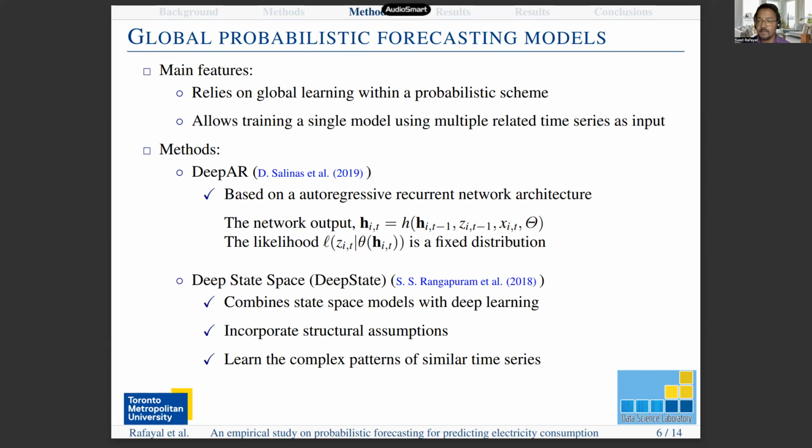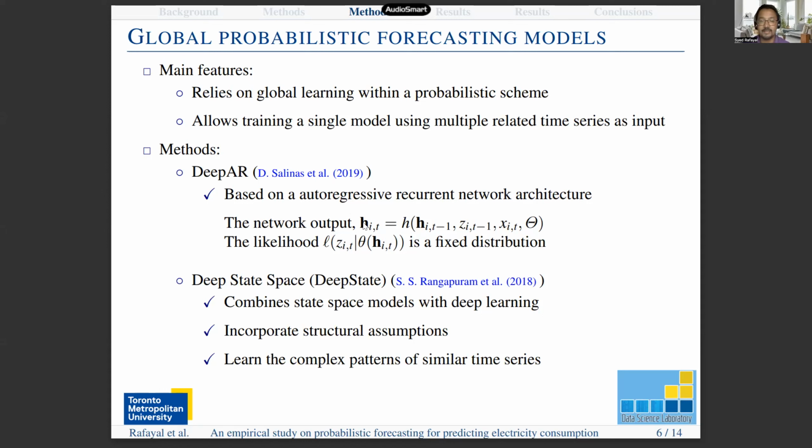As global probabilistic forecasting models, we consider DeepAR and DeepState, which support multiple time series as input and generate a global forecasting model. DeepAR is a model based on an autoregressive recurrent network architecture.